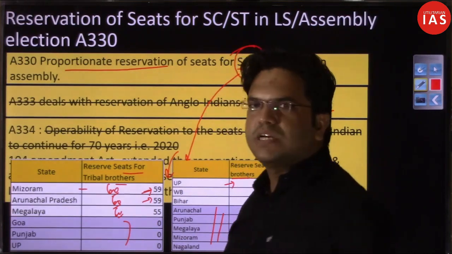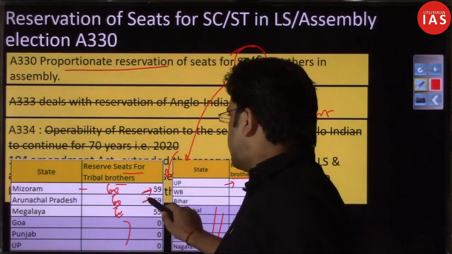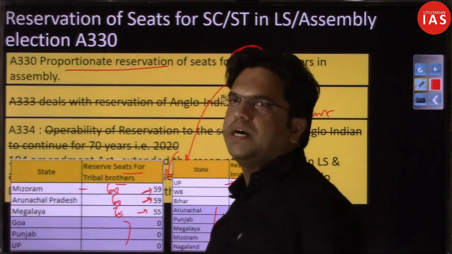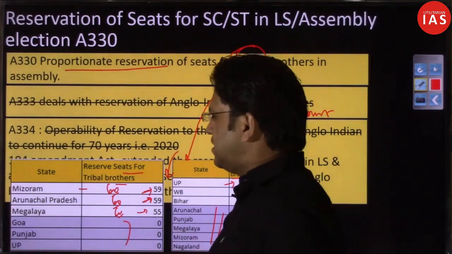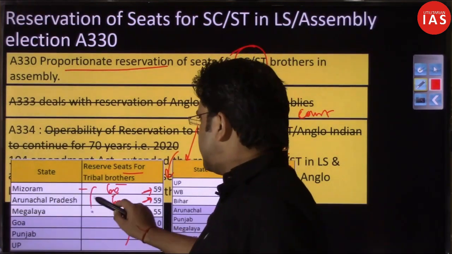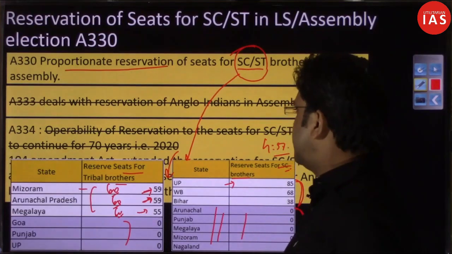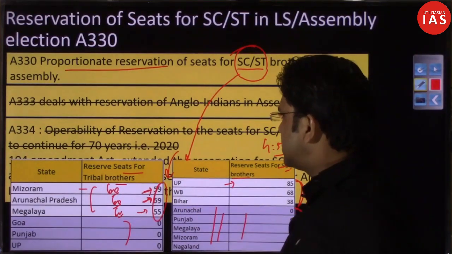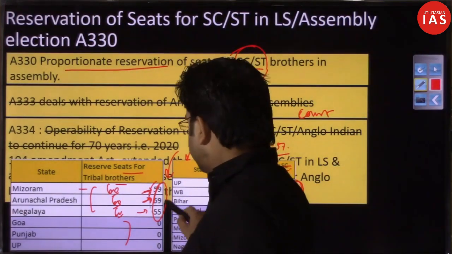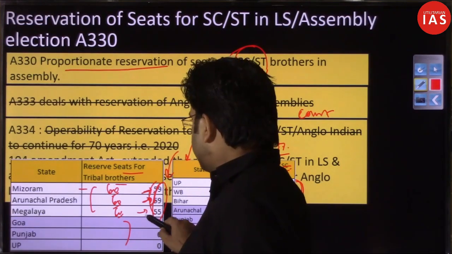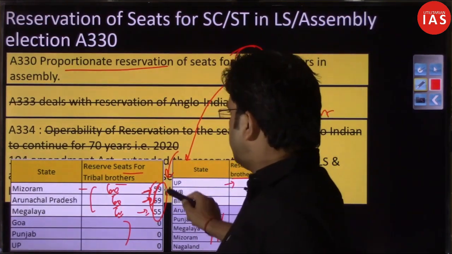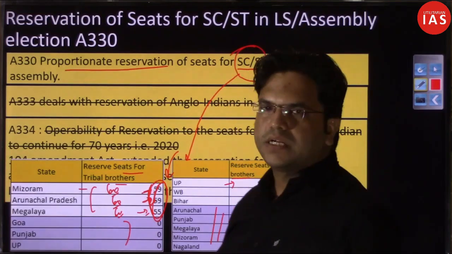Again 59 in Arunachal as well, and 55 in Meghalaya, right, Garo, Khasi, Jaintia. So these states are dominated by the tribal population, and almost every seat, except 1 seat here, 1 seat here, and 5 seats here, is reserved for tribal communities.